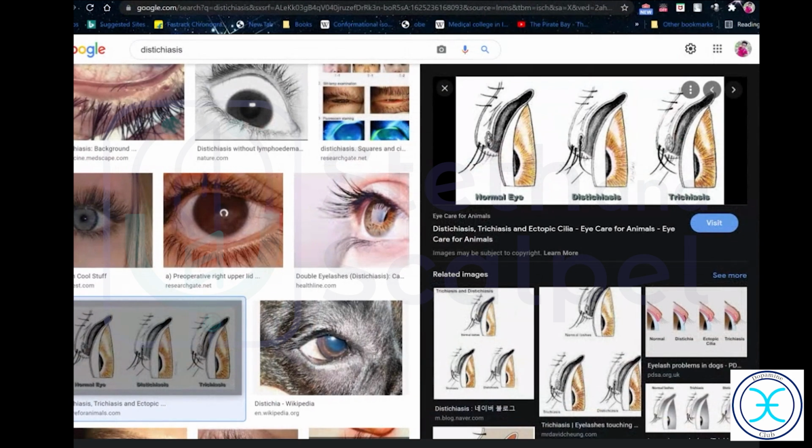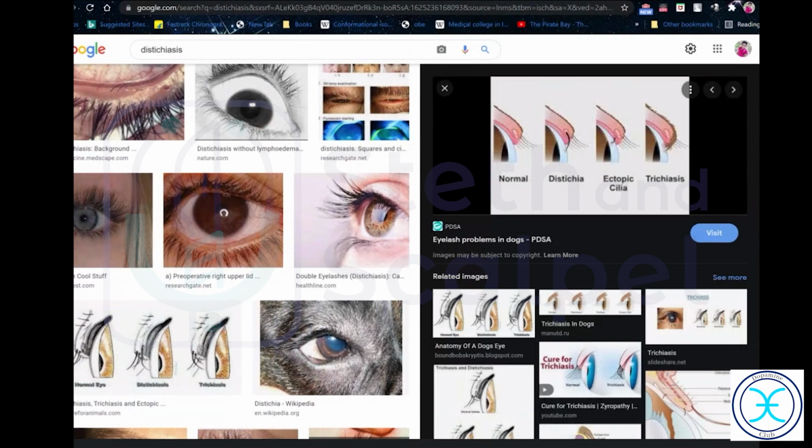Yes, you can see. This should be a better picture. What is the difference between trichiasis and distichiasis?